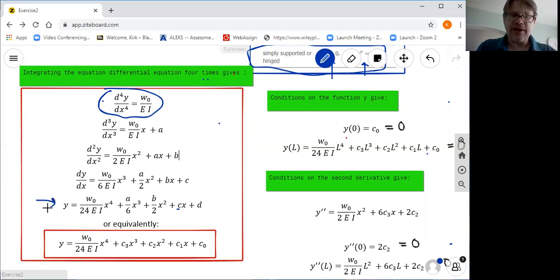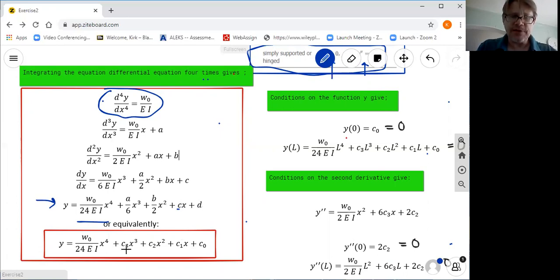And there it is. We can follow through the details here, but it's a 4th order polynomial. The 4th power term is going to have a coefficient of w sub 0 over 24 times E times I. And then we'll have a cubic term, a quadratic term, a linear term, and a constant term.